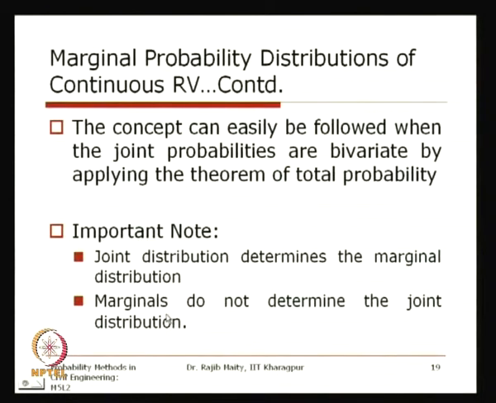This is very important in the sense that if we know the joint distribution, joint PDF or joint PMF, from there we can determine their marginal distribution. But if we know the marginal distribution, then we cannot determine its joint distribution.